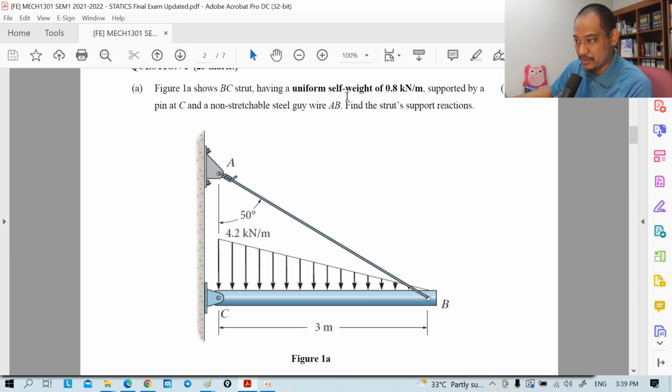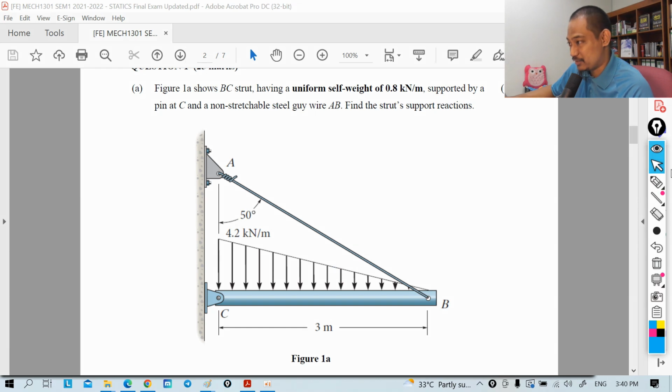Having a uniform self-weight of 0.8 kilonewton per meter. Okay, sorry. So we will use this one just to sketch some information.